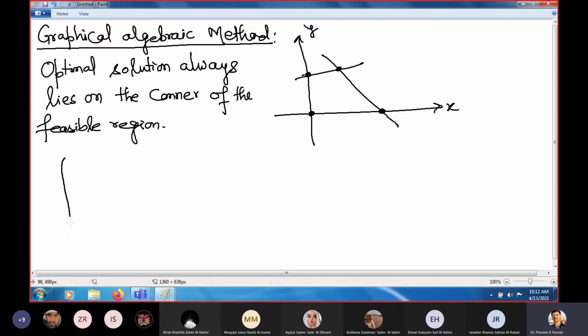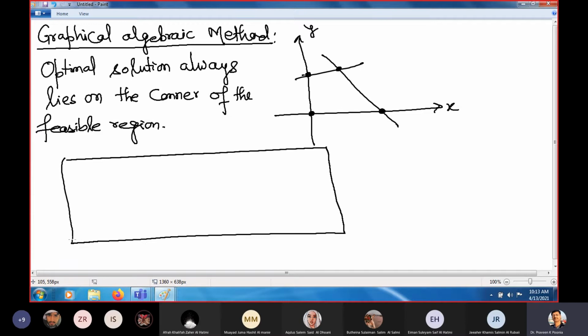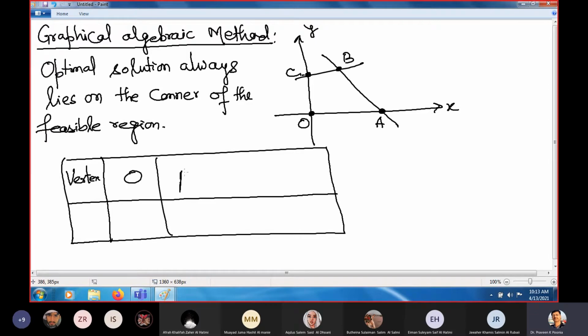For these 4 corners, we make a table. We do not draw the iso profit line and iso cost line. We make one table. Here we call it vertex. It is O, A, B, C, the 4 corners.